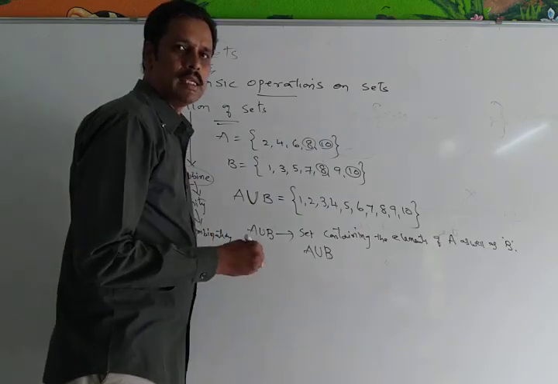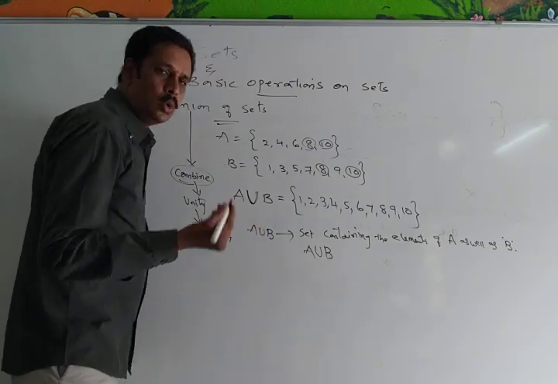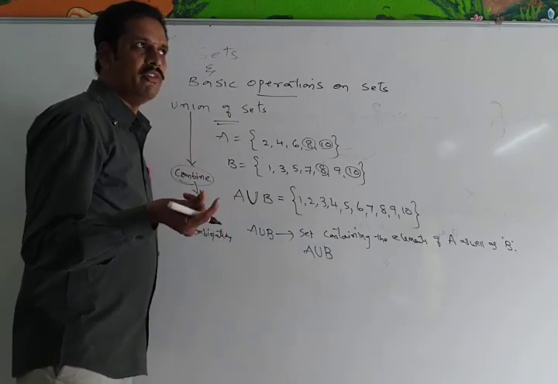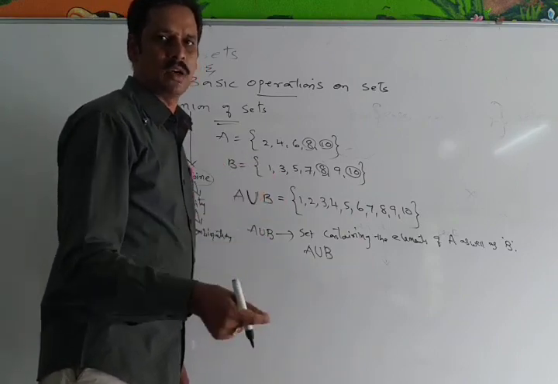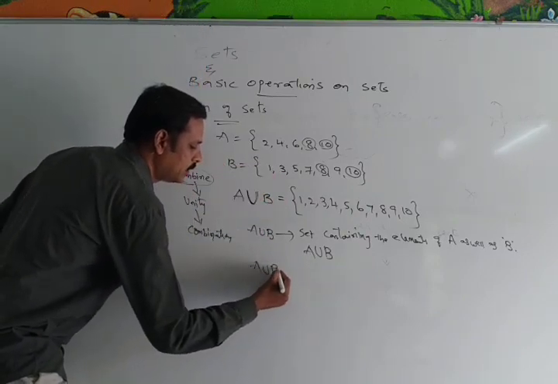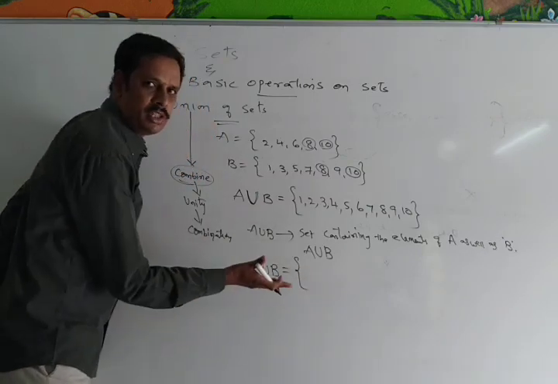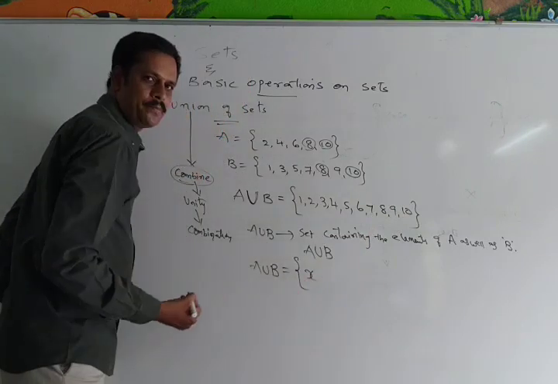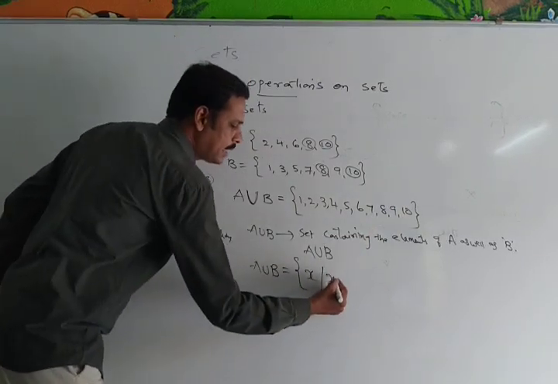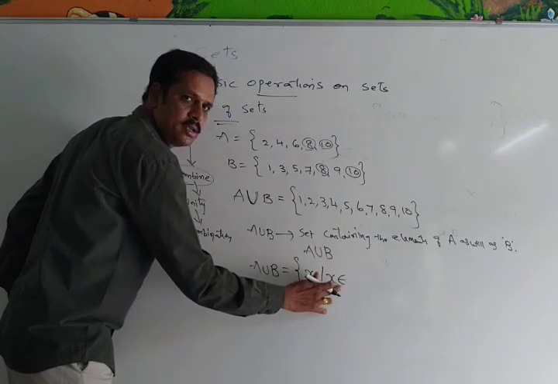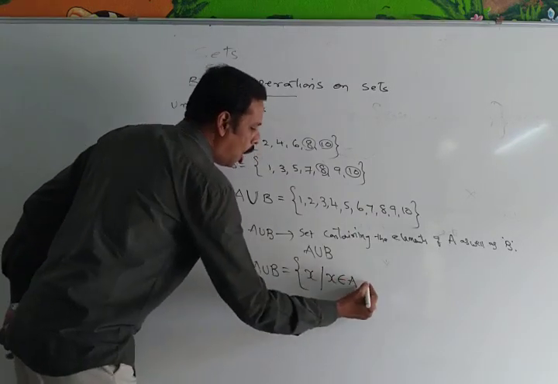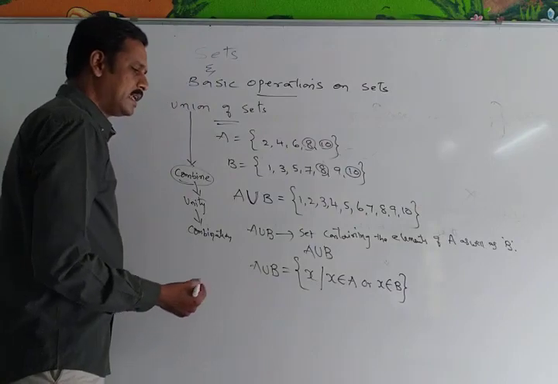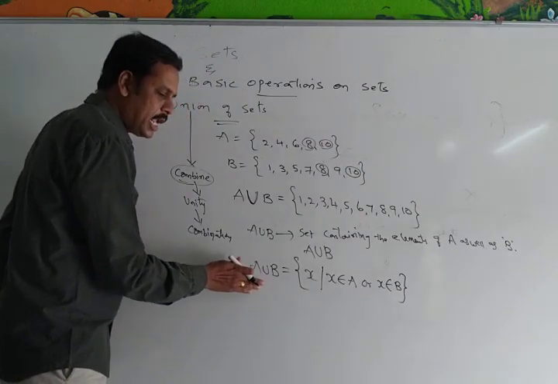Set builder form is the rule, notation, or defining a set using a common rule which will be applicable to all the elements of the set. So, the set builder form for A union B is nothing but, each and every element I am treating as X, such that X belongs to set A, or X belongs to set B. This is the set builder form for A union B.